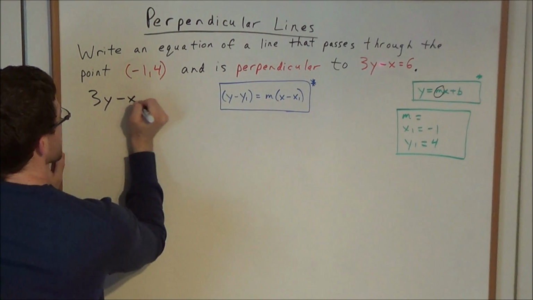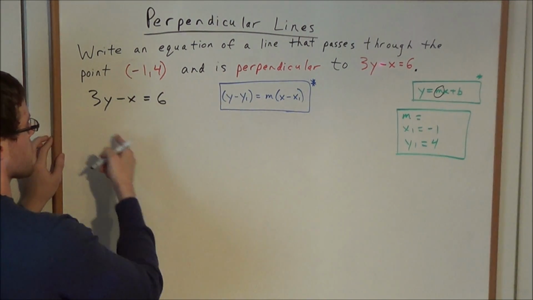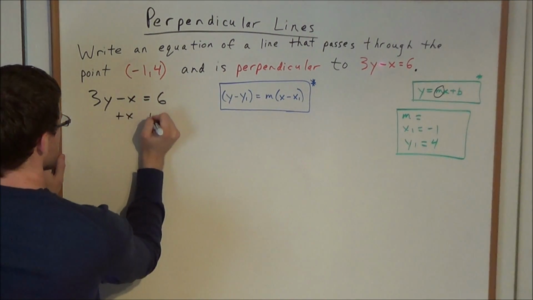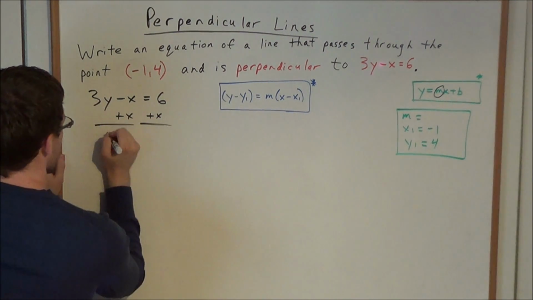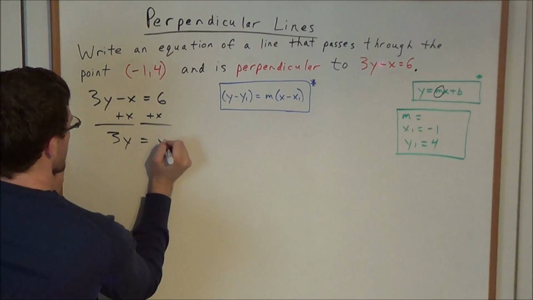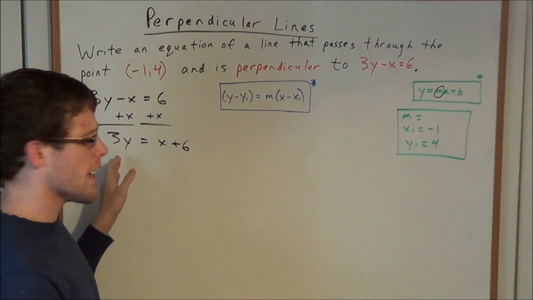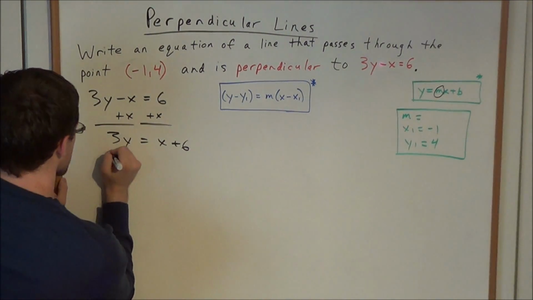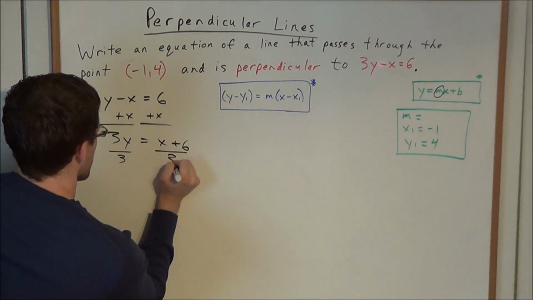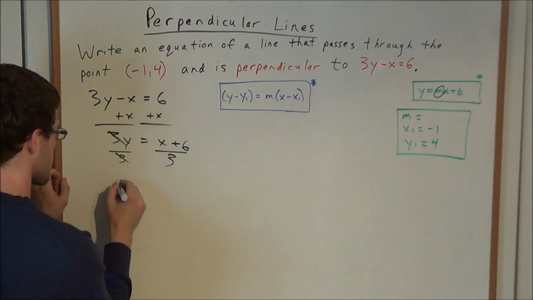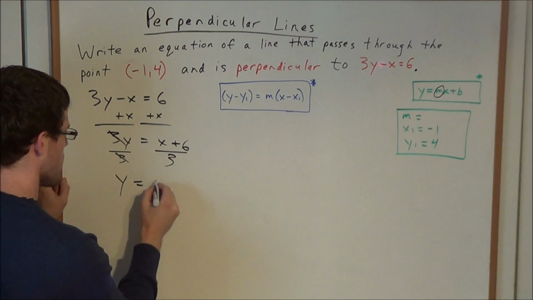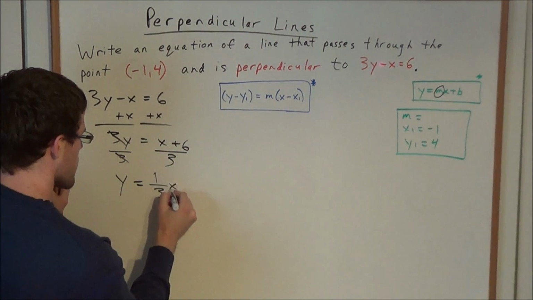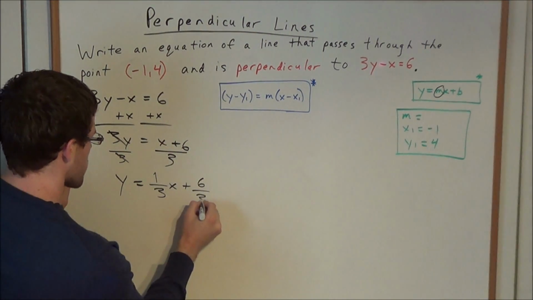So we have 3y minus x equals 6. We solve for y, so we add x to both sides, and now we have 3y is equal to x plus 6. Right now y is being multiplied by 3, so the last step is to divide by 3. The 3's cancel out on the left hand side, and we have y equals 1/3 x plus 6 over 3.